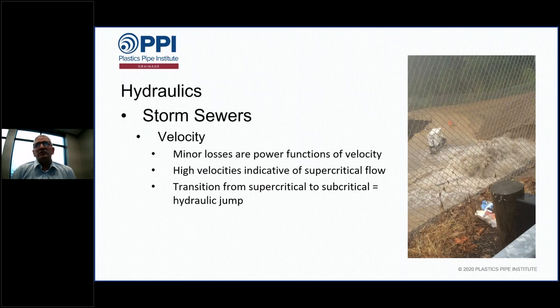The issue with that is if we get a hydraulic jump, we can end up with a negative pressure in the pipe, and you can actually pull the pipe down from that negative pressure. So typically we would vent it, or we would do something to try and say where we want that hydraulic jump to occur. That way we can avoid damaging the pipe.